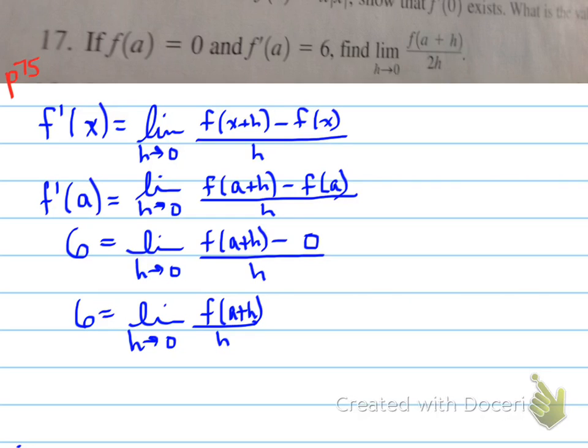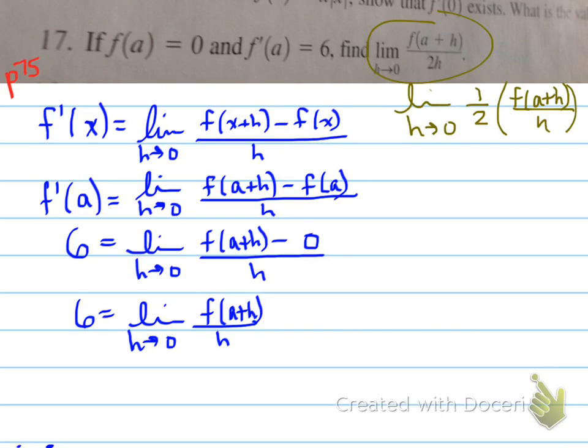So, where do we go from here? Well, let's look back at the question. The question says this. So the limit as h approaches 0 of f at a plus h over 2h is equivalent to the limit as h approaches 0 of 1/2 times f at a plus h over h.